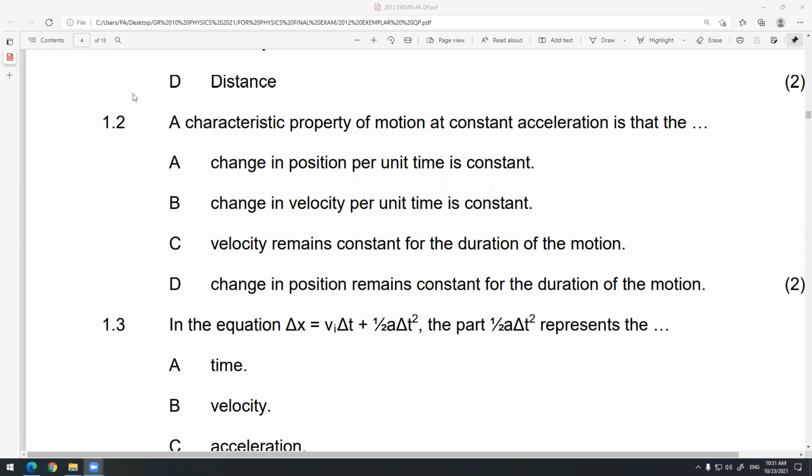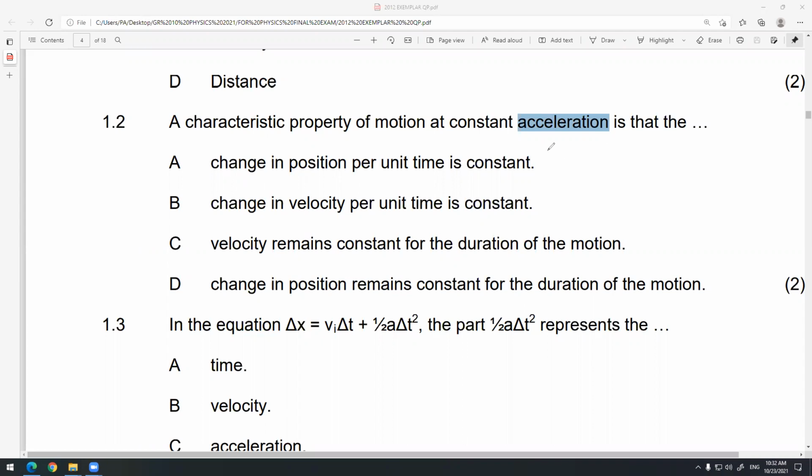People, they said constant acceleration. We should know what acceleration is. What do we know about acceleration, people? Acceleration is the change in velocity per unit time. Let's see our options now. Change in position per unit time: what was that?